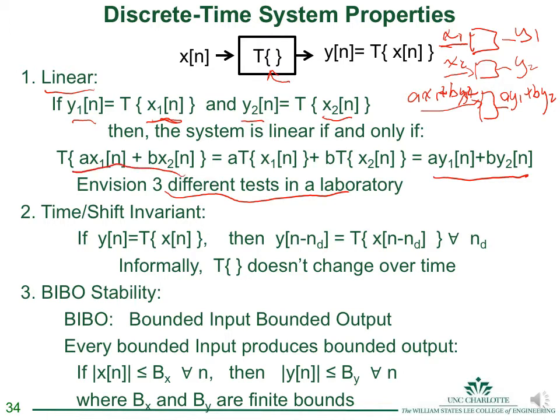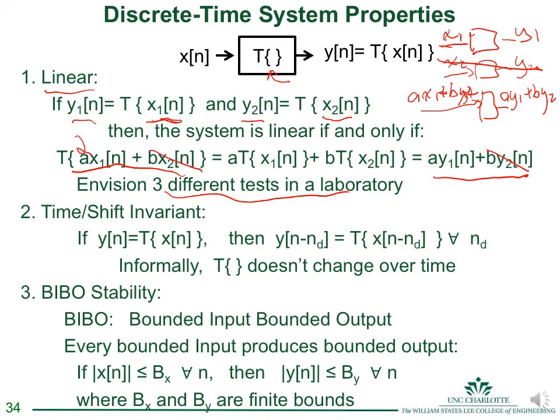One simple test: ignoring y2, if I put in 2 times x1, then I would get 2 times whatever the original output is.